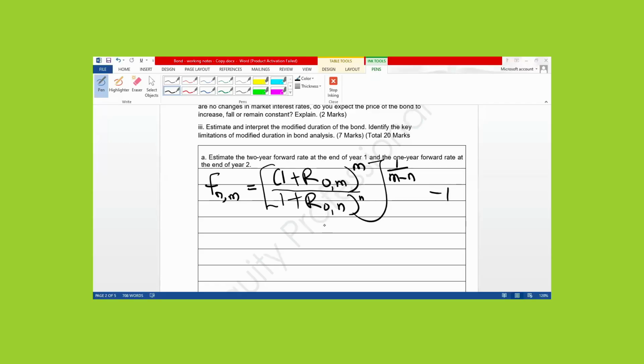Question 6. Now, the examiner says the 2-year forward rate at the end of year 1. The end of year 1 is the commencement period. Now, please count 2 years after year 1.